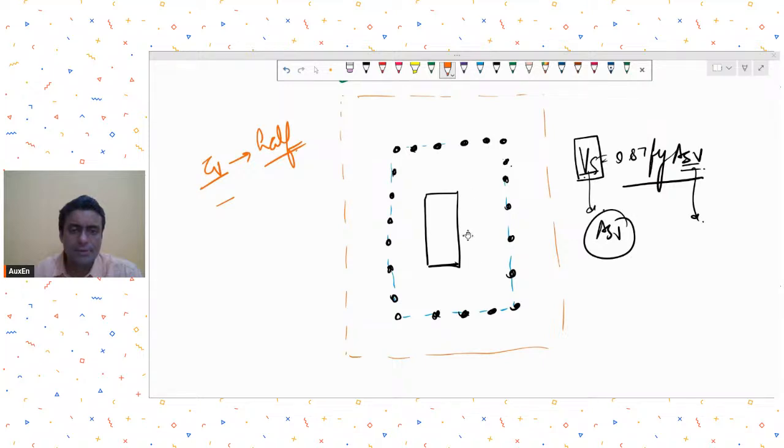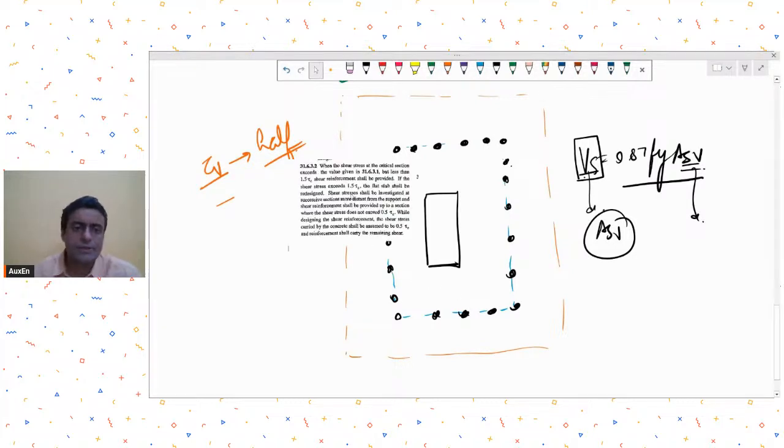But where is it? Shear in flat slab, 31.6. Okay, good. 31.6.3.2. Yeah, so this is the clause.